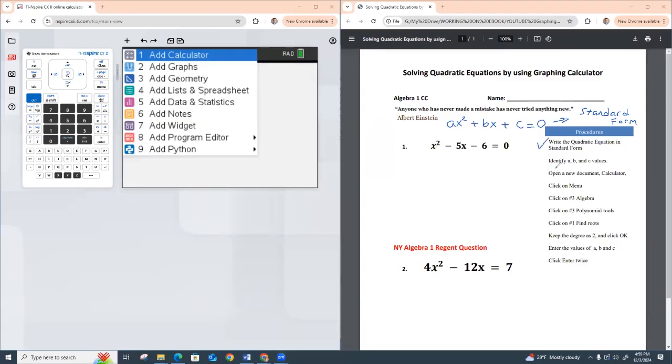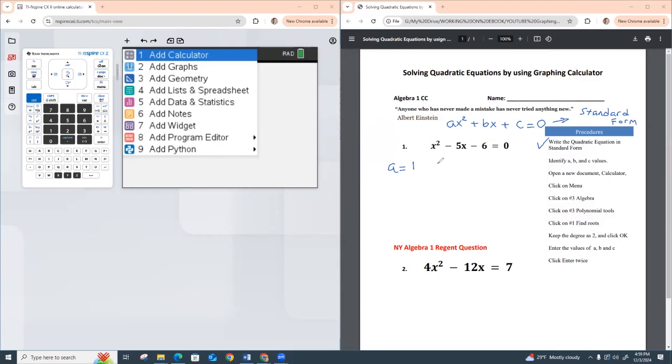So now step 2 says identify A, B, C values. So let's figure them out. A is how many x squared that we have. So what is the number in front of x squared? It is 1. So make sure you're not writing the variable. It's just the number, the coefficient.